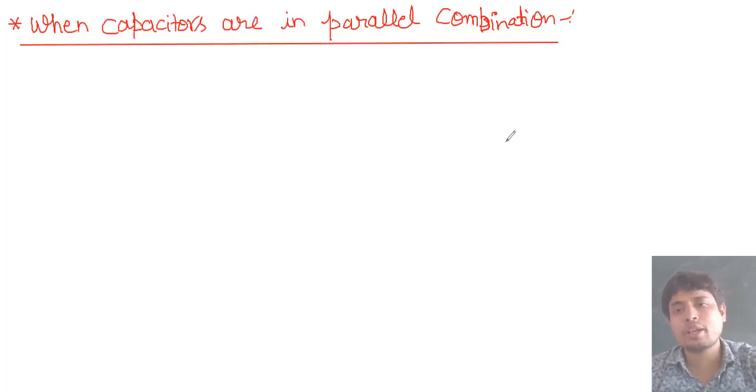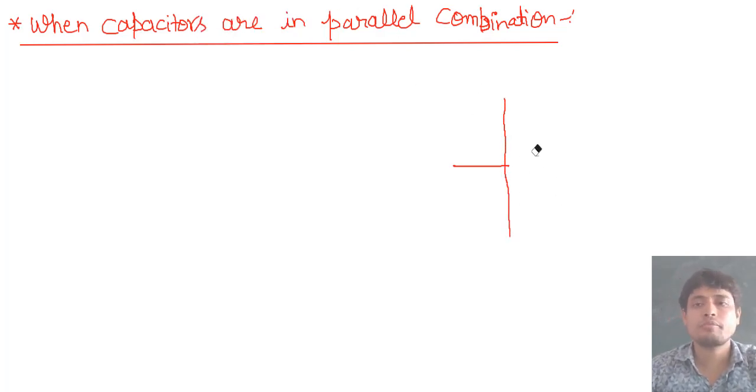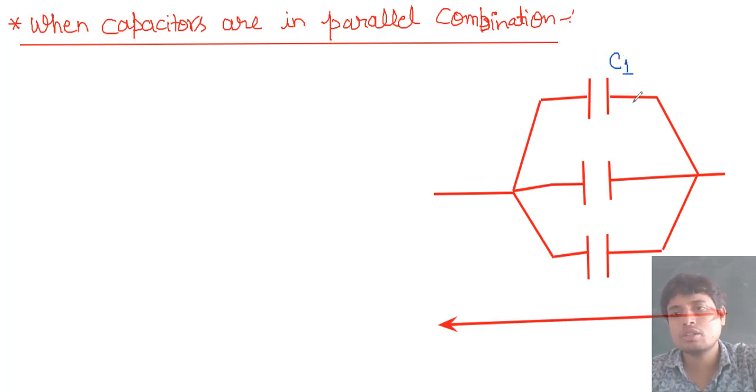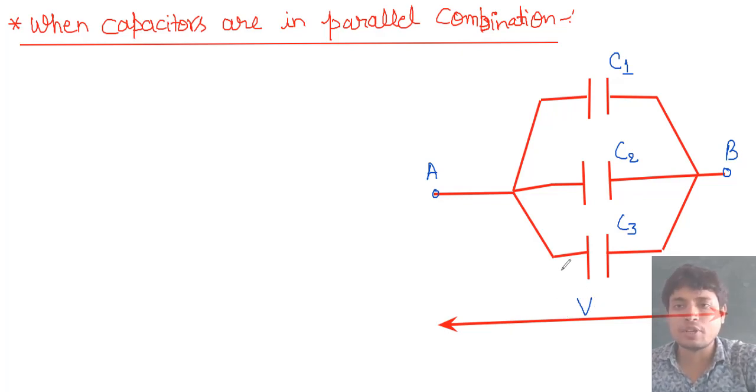Now suppose there are 3 capacitors C1, C2 and C3 connected in parallel combination, and the net potential between point A and point B is V. So the same potential will be developed across each and every capacitor which is connected in parallel.